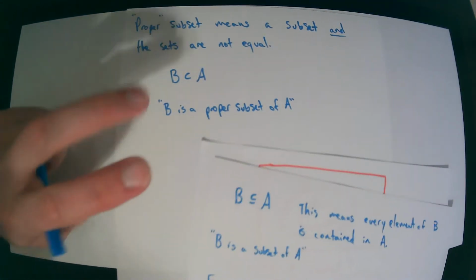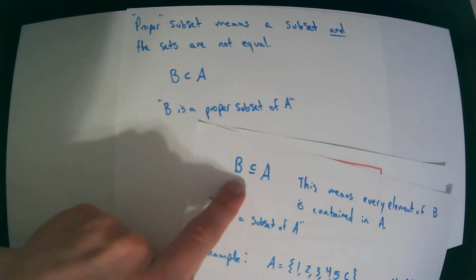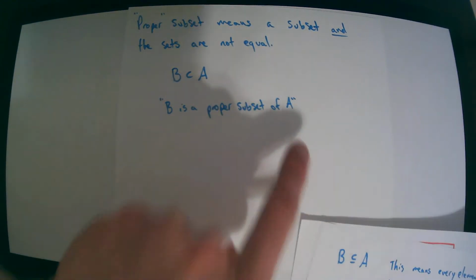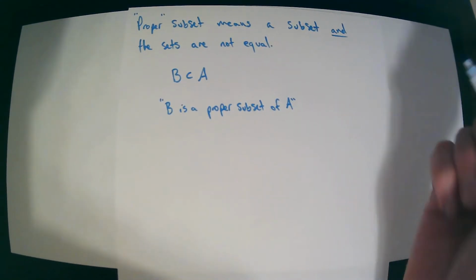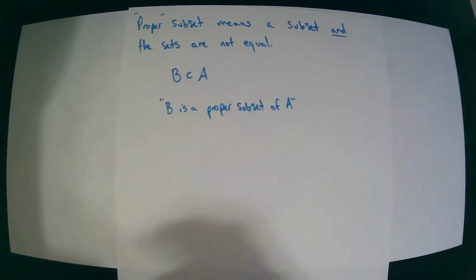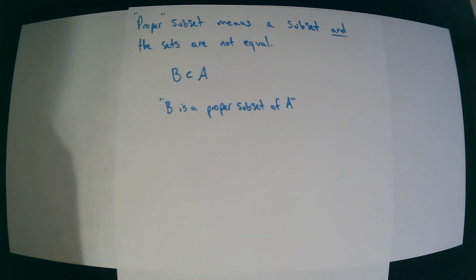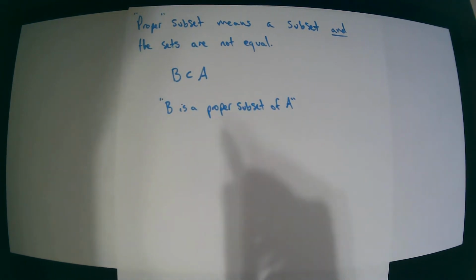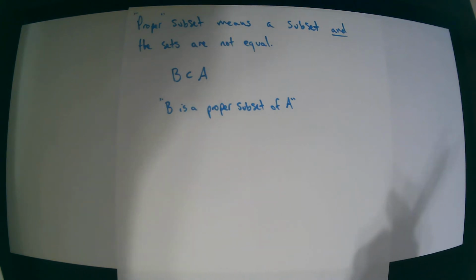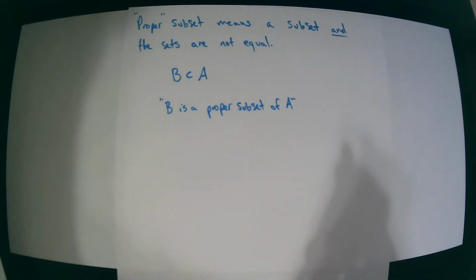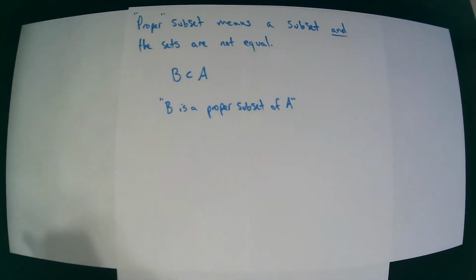If we drop that or equal to part, the little line under the symbol, then it becomes a proper subset, and now B has to be smaller than A. I cannot have this situation where they are equal to each other, and I should say equal, because we're being careful about the difference between equal and equivalent. So B is a proper subset of A if it is completely contained in A, but it's not the same as A. It's not that weird technical situation.